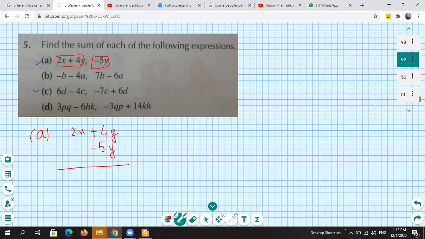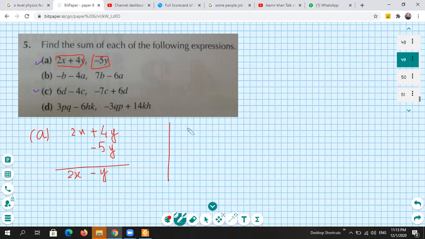Add them: 2x as it is, and here plus 4 minus 5. Opposite signs, so subtraction. So finally we get minus y, because 5 minus 4 is 1, and we do not write 1 with y, by convention in algebra.